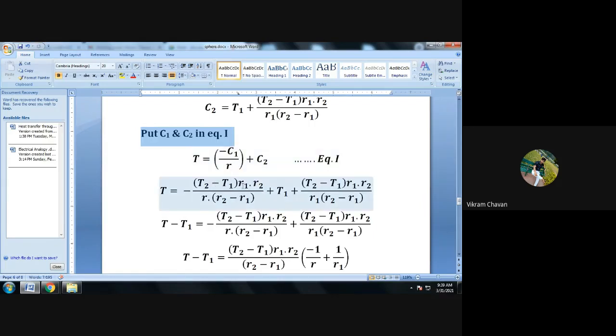Plus the C2 equation, which is T1 plus (T2 minus T1) multiplied by R1 multiplied by R2, whole divided by R1 multiplied by (R2 minus R1). Getting everyone? We considered equation number Roman 1 and put the determined C1 and C2 equations in it, and we get this equation.